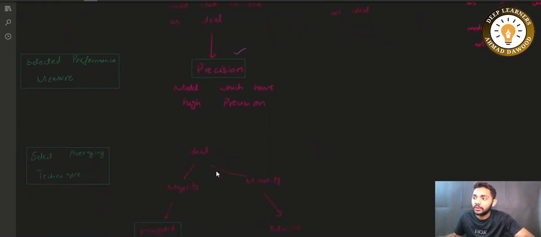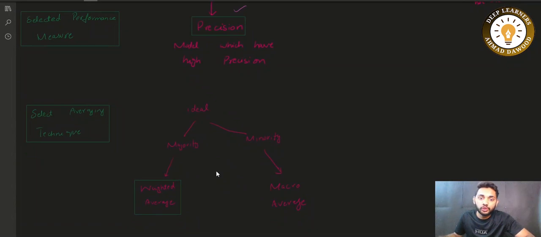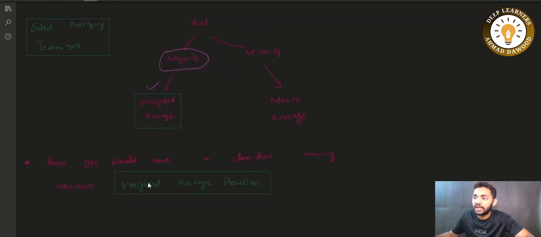Now, what averaging technique should you use here? Again, depending upon the frequency, depending upon your problem statement. Here, ideal has more frequency, in majority, so you are using a weighted average. Now your optimal overall performance measure will be weighted average precision.